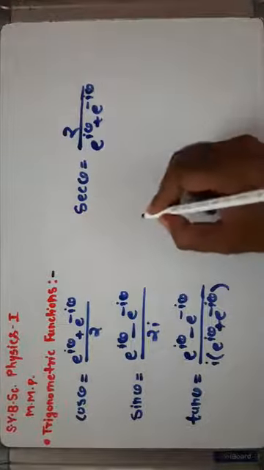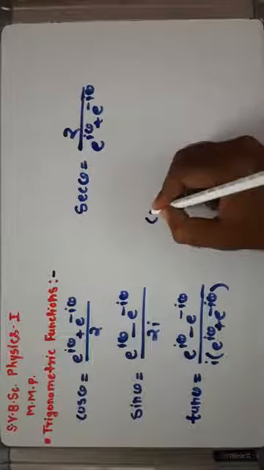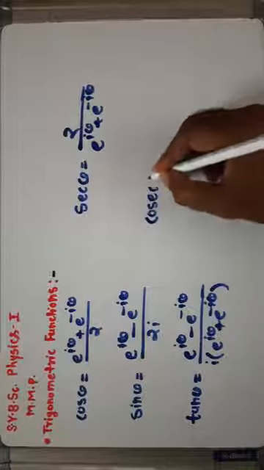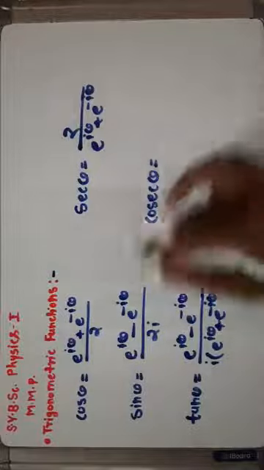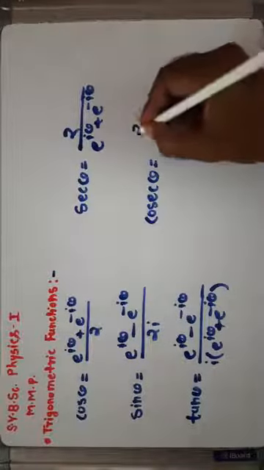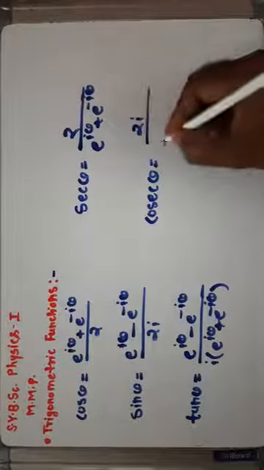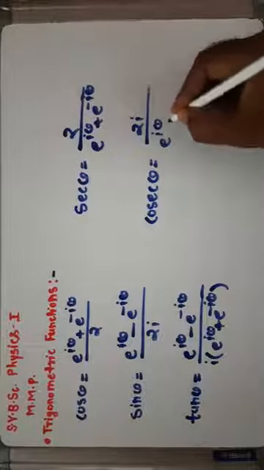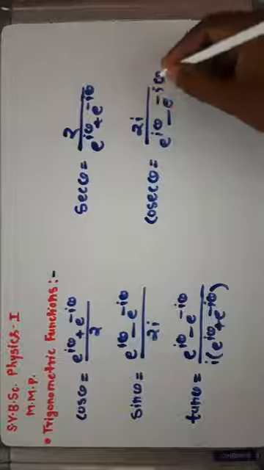Then cosec theta is the inverse of sin theta, 2i divided by e raised to i theta minus e raised to minus i theta.